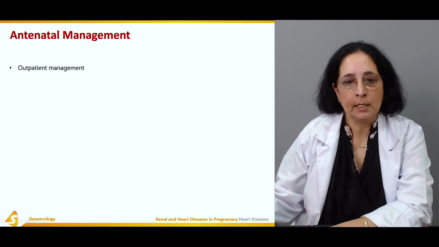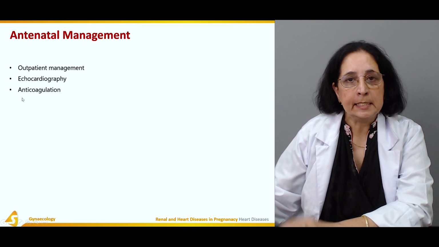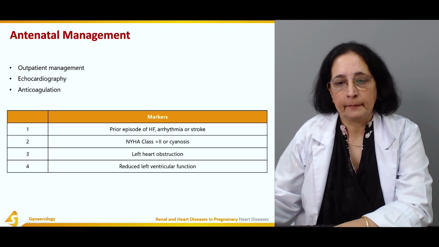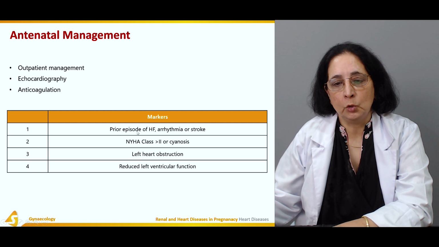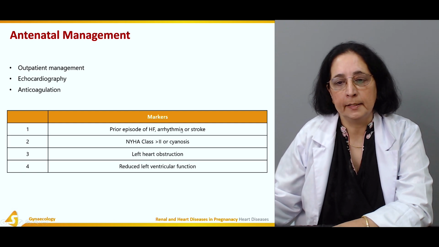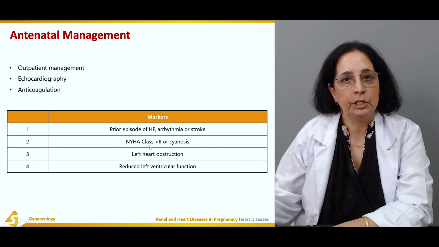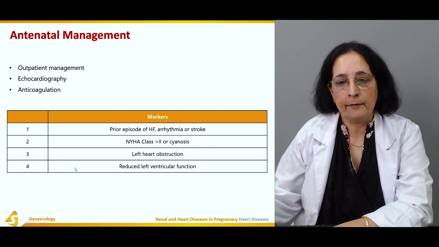Antenatal management, outpatient management: echocardiography should be performed, anticoagulation therapy should be given, and the markers are: prior episode of heart failure, arrhythmia or stroke, New York Heart Association class more than 2 or cyanosis, left heart obstruction, reduced left ventricular function.